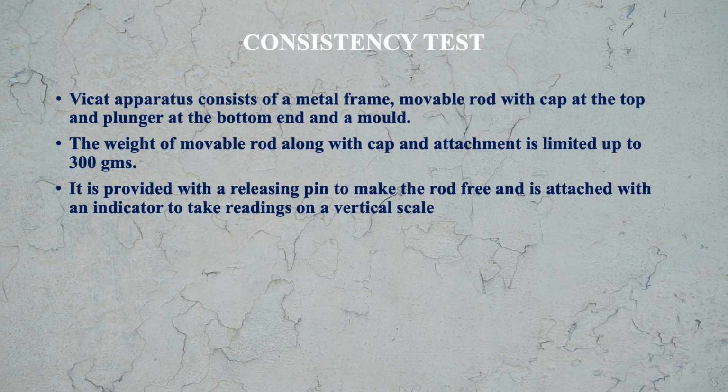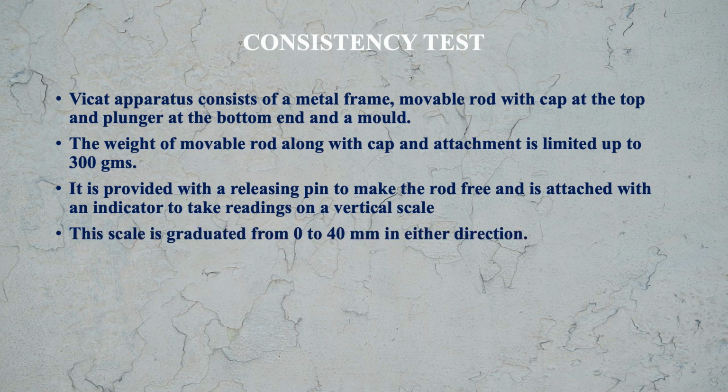It is provided with a releasing pin to make the rod free and is attached with an indicator to take readings on a vertical scale. With the help of the pin you can release the plunger, and the indicator lets you read the vertical scale. This scale is graduated from 0 to 40 mm in either direction.